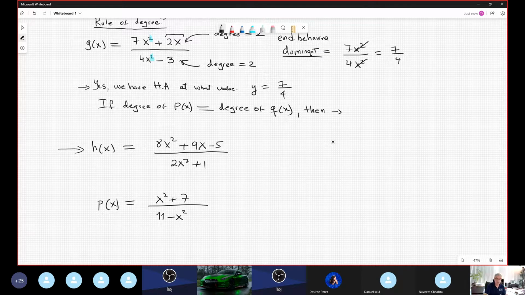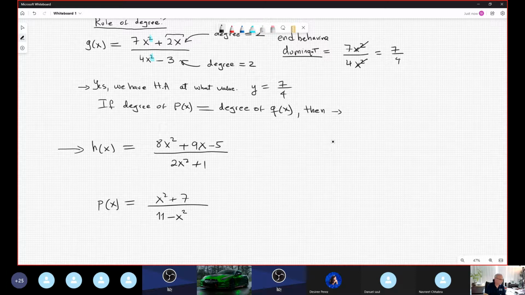Nobody knows? Why not? What is the degree of the polynomial in the top? 2. What is the degree of the polynomial in the bottom? 2. It's the same degree.